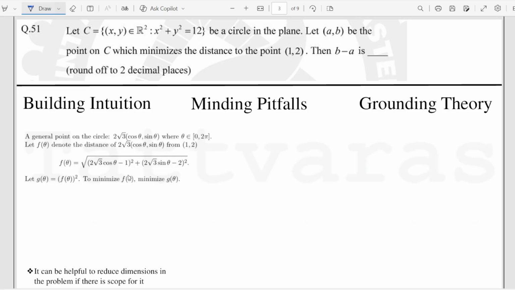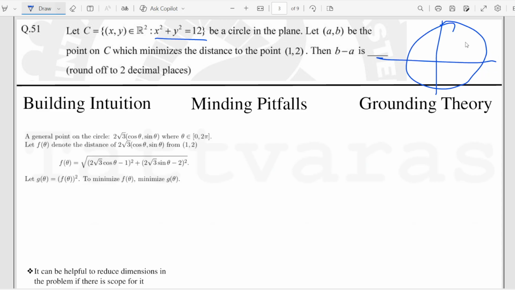the point over here to build intuition is that you have a two-dimensional setup, but there is scope to reduce it into one dimension. How? We know that a circle, just assume it's a very beautiful, perfect circle.